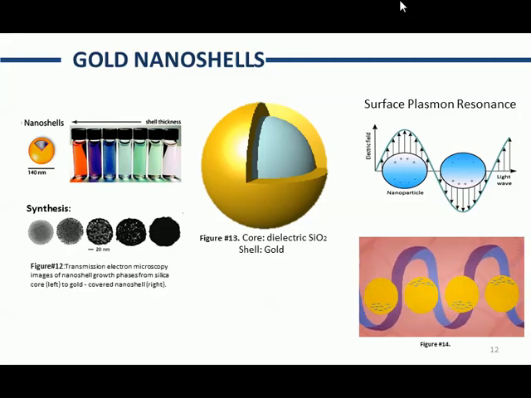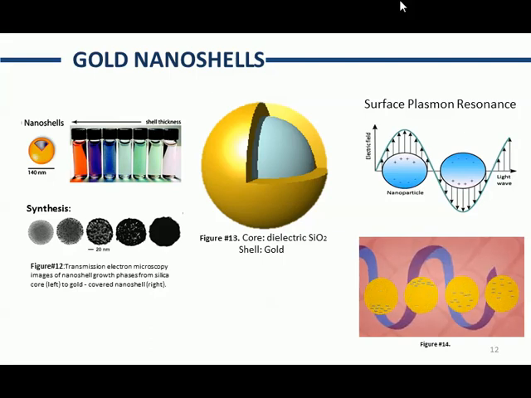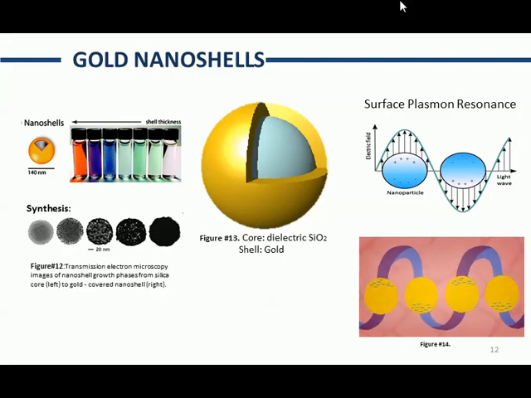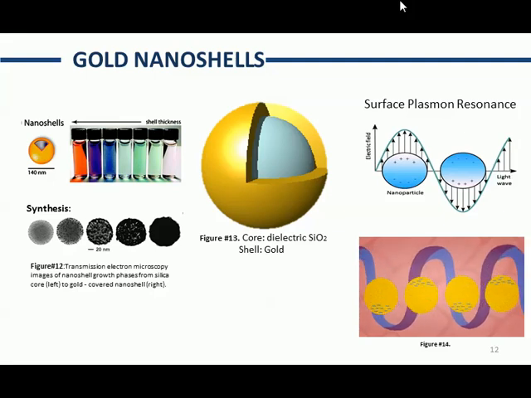But something important to say is that the main property for the medical application is the surface plasmon resonance, which is a resonance that arises from the collective oscillation of the conduction electrons in the gold shell, efficiently coupled to the incident electromagnetic field and propagating through the surface.